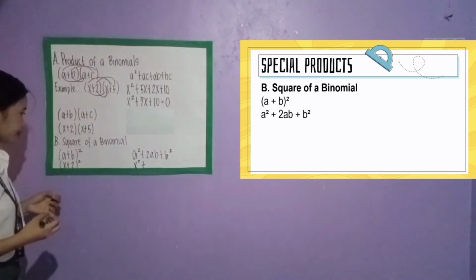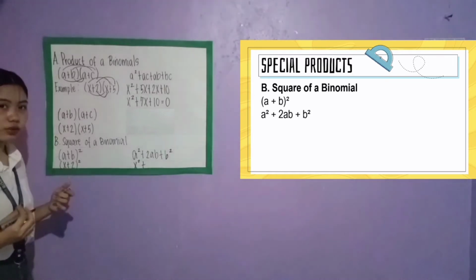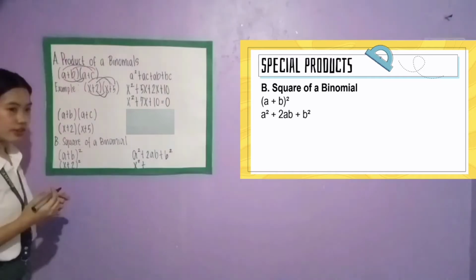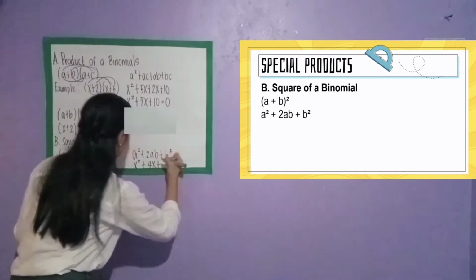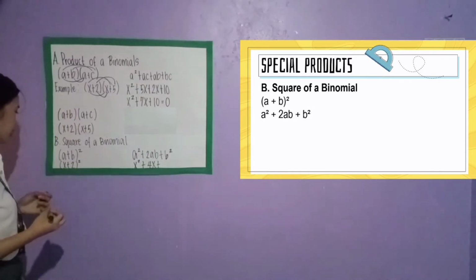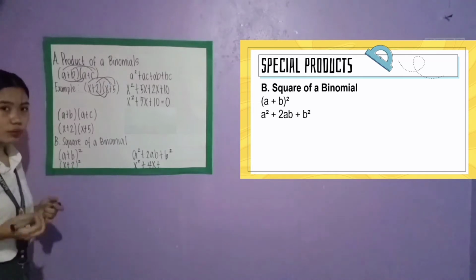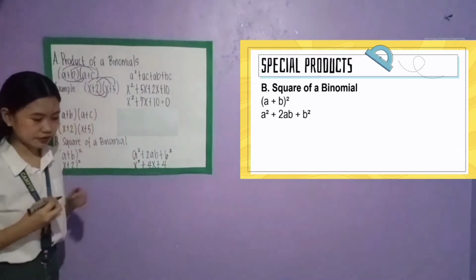So that would be 2x times 2 is equal to, okay, very good. It will be 4x plus the last term, which is b squared. So our b here is 2. So 2 times 2 is equal to 4. So that's the final answer.